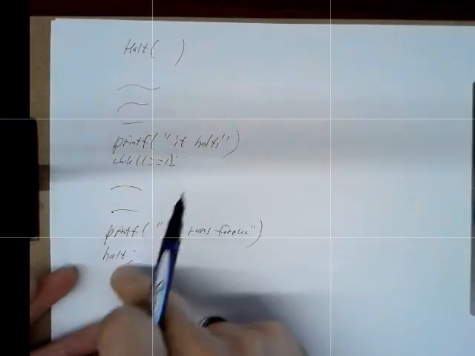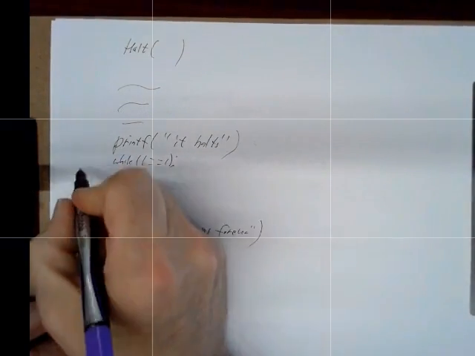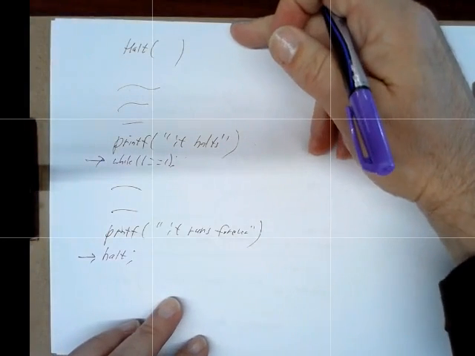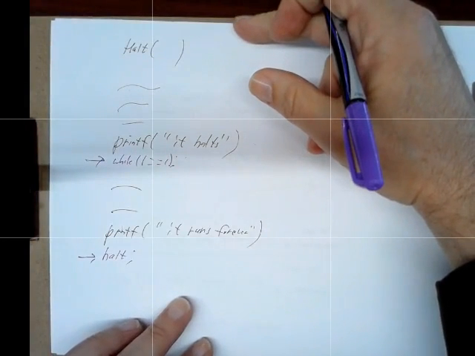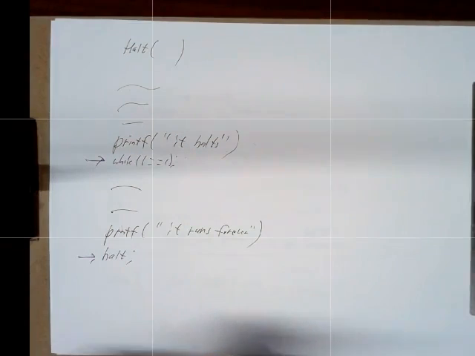Because this will either loop forever or halt. The paradox comes from this idea that if we add these extra statements here, this is still as good as the original program that you had. And that's where I find an issue with it. I would disagree with that, because you specifically modified the program so that it no longer does what you wanted it to.